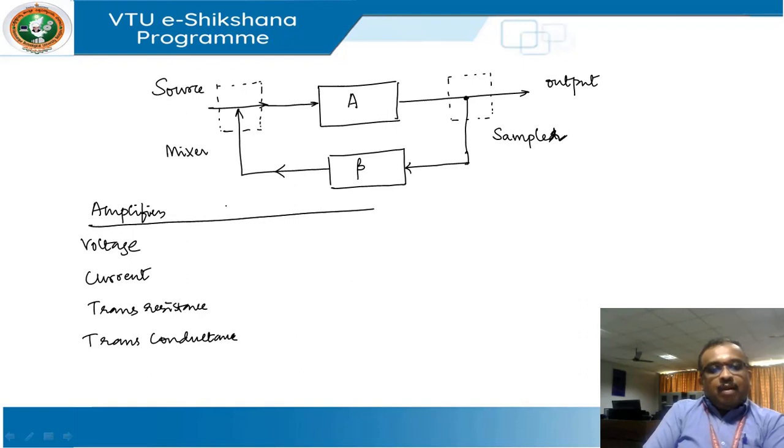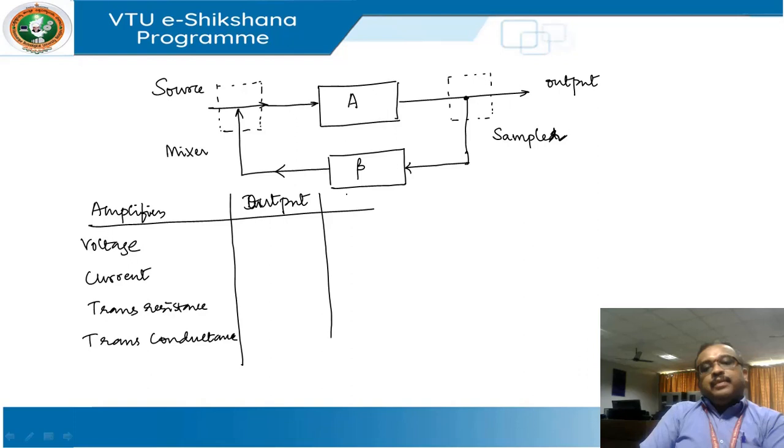Let me make a tabular column indicating what is present at the input and output of each. Let me start with the output, because I first sample it and then mix it. First is output, second one is input.